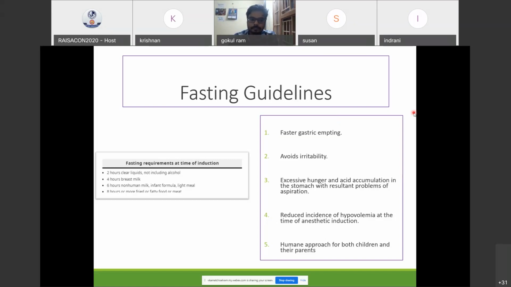Yes. Very good. Okay. So what are the advantages they claim by giving fluids within 2 hours? The hydration of the patient is maintained, and the baby is more calm and comfortable during the procedure, and there is less fear.